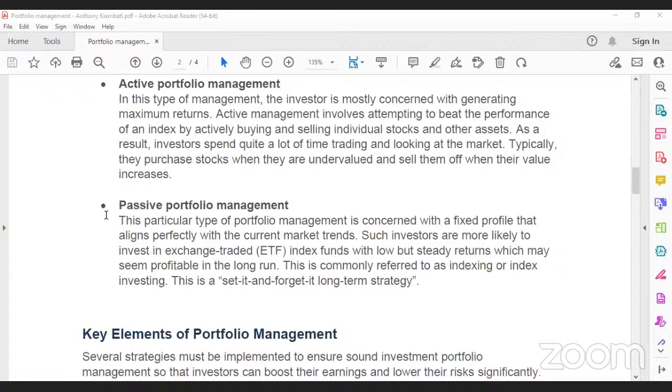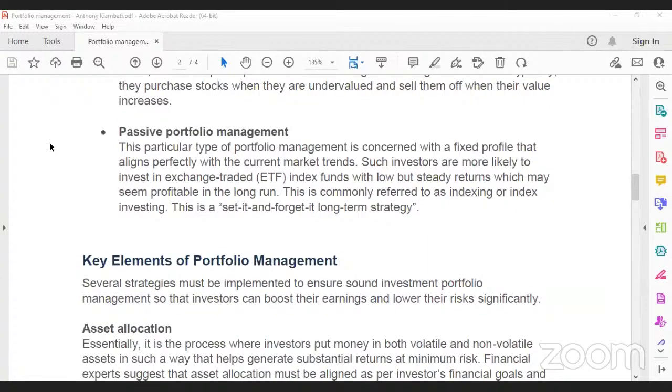A person investing in the Nasdaq 100 is investing in 100 of the most valuable companies in the US, with a huge composition of tech companies. I think over 50% are in the tech sector. So that's on passive portfolio management.